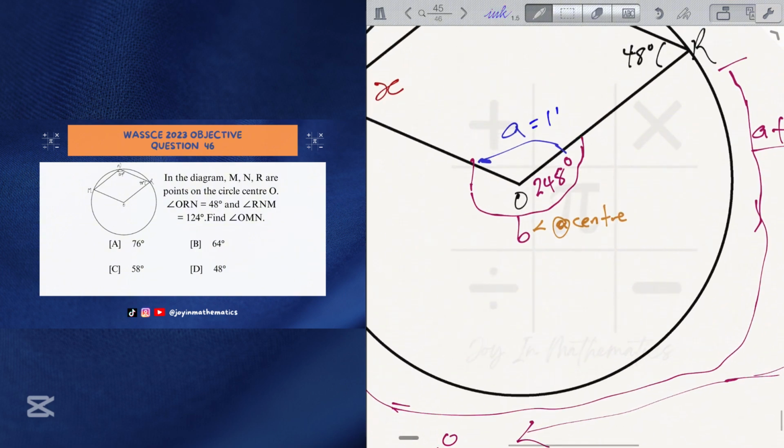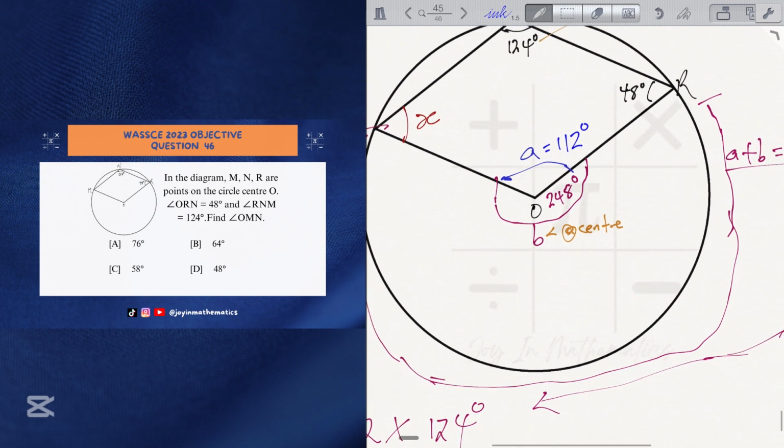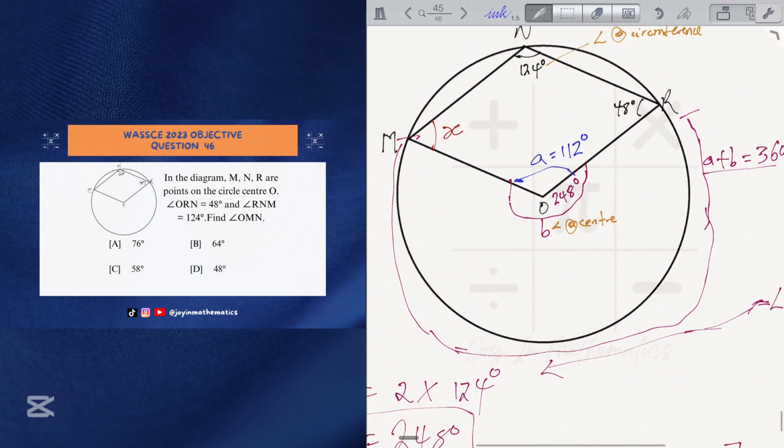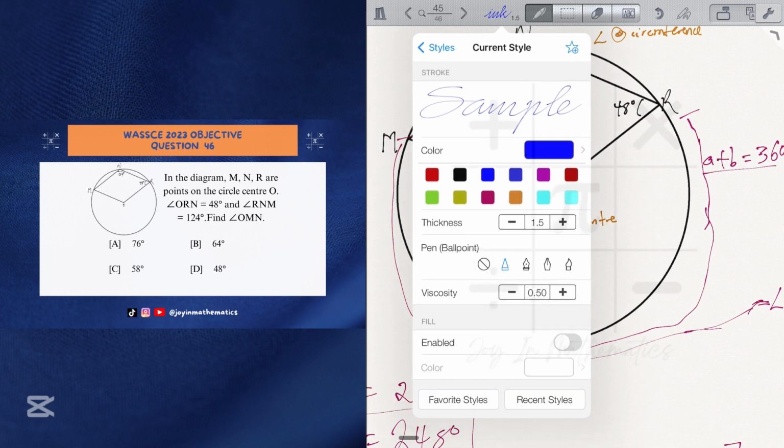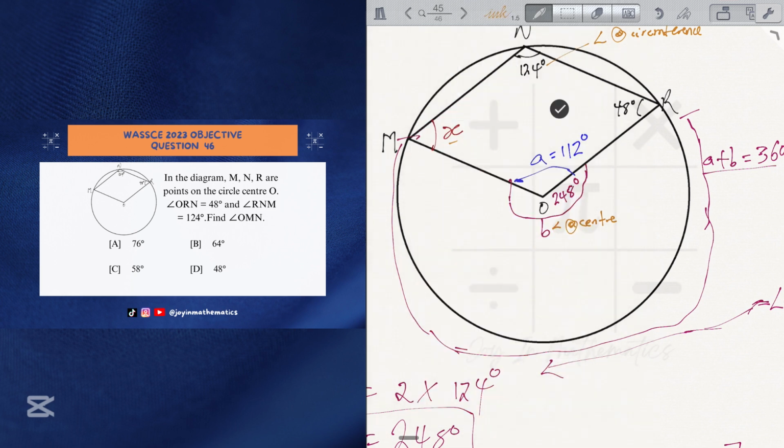So now, if we look at this quadrilateral, we have 4 angles: X, 124, 48, and 112 degrees. And we know that the sum of angles in a quadrilateral is equal to 360 degrees.